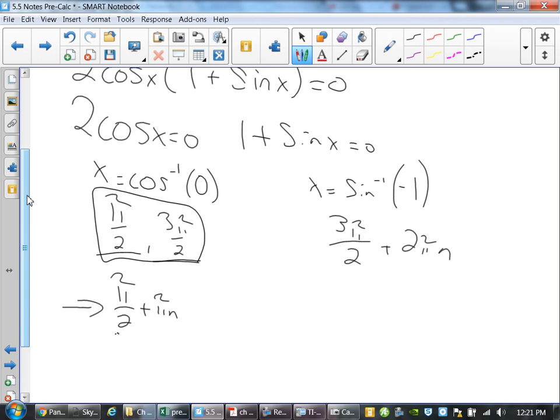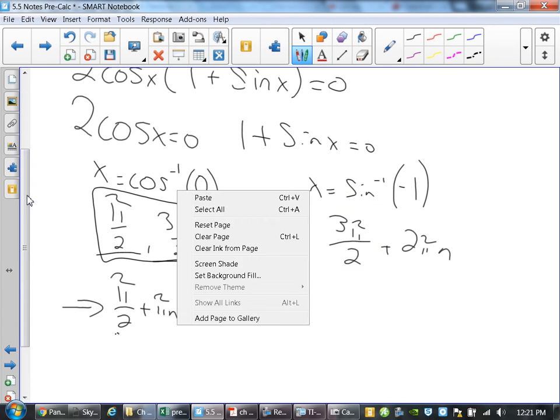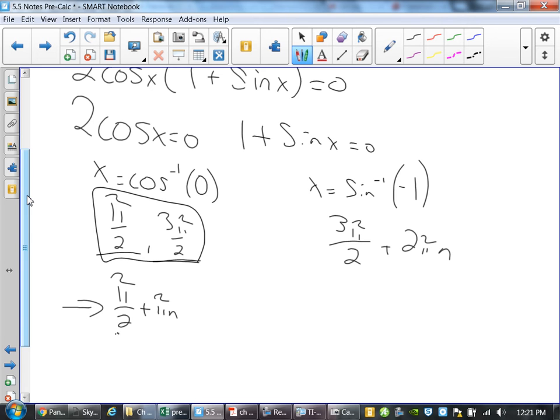I'm saying I can't just say 3 pi over 2 is pi over 2 plus pi, right? If I just say that as my only answer, that means the pi over 2 part is a solution for this, where it's not. That's how you solve that.